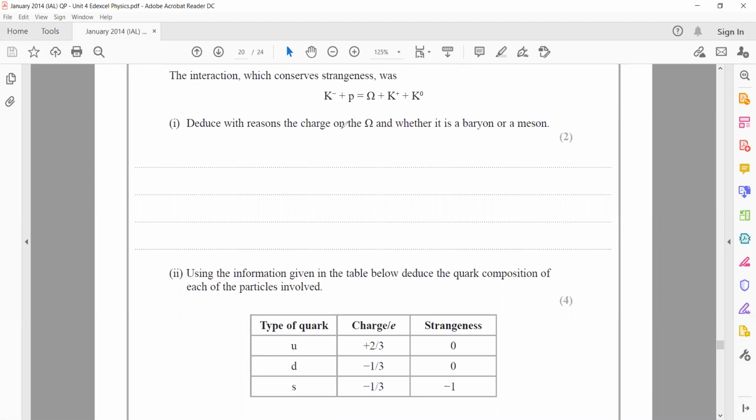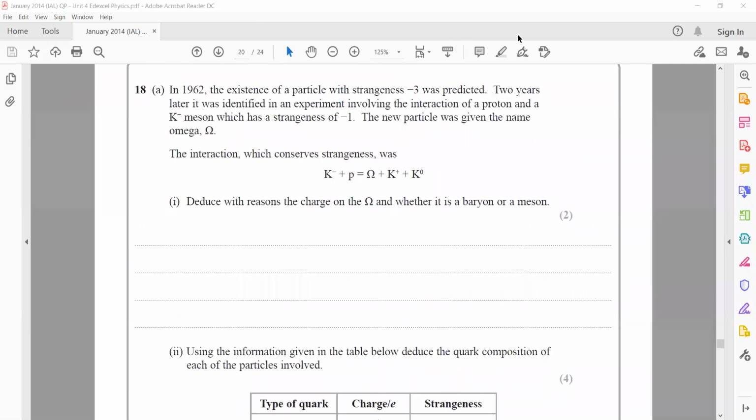We want a net charge of -1. And if you read the question, they already give you a hint. K minus is a meson, strangeness -1.